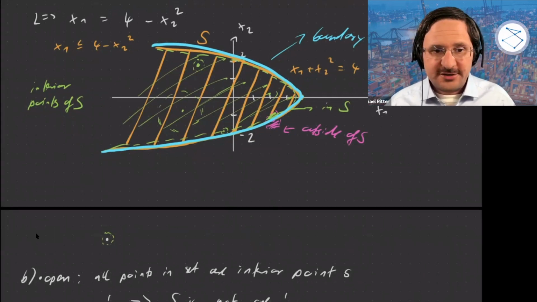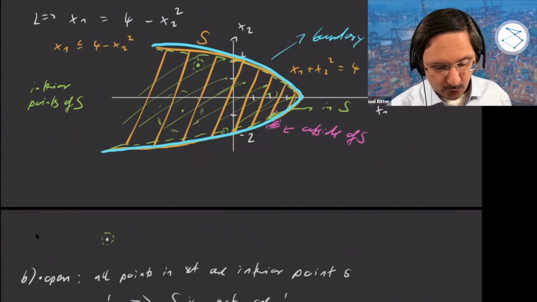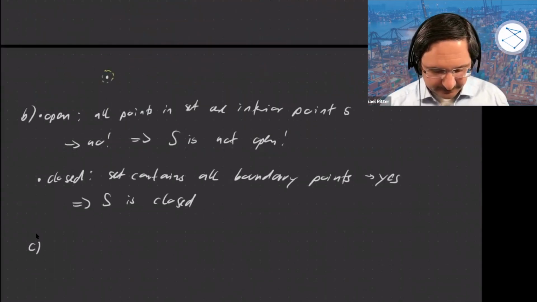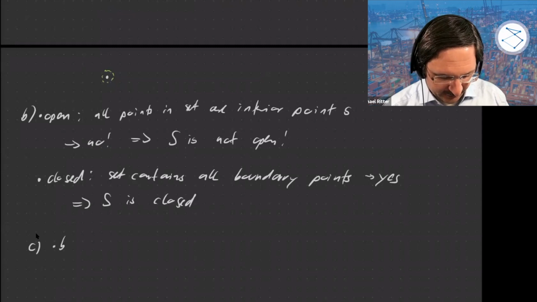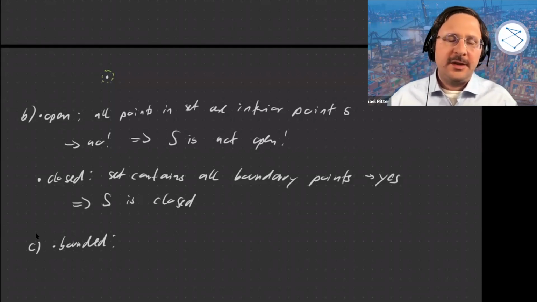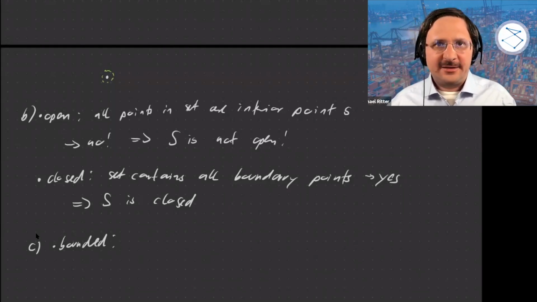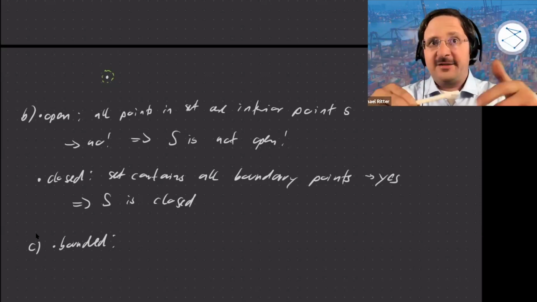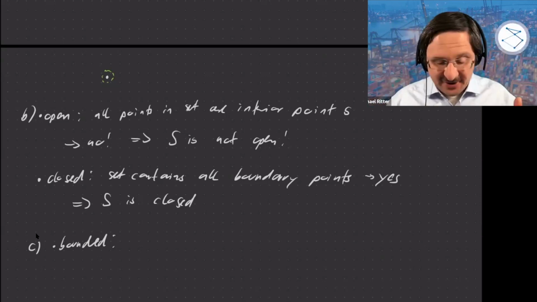And the last question is: is it bounded or compact? And compact possibly. Let's answer that one as well. So part C, bounded. Bounded basically means there is some finite disk, or in general, some finite ball, that contains the set.